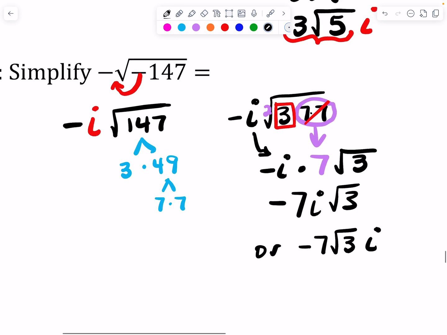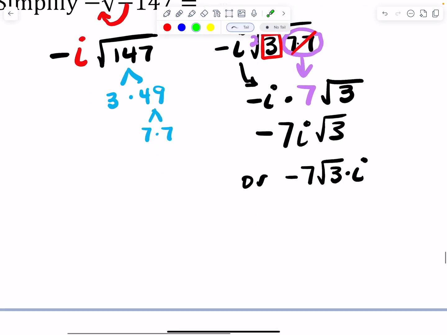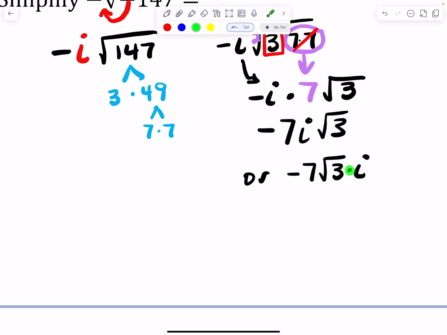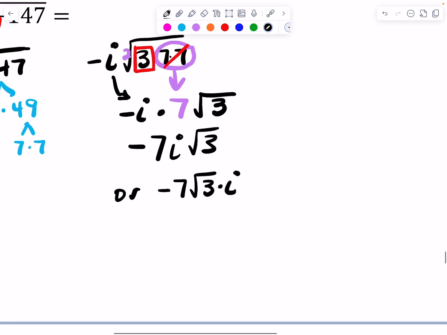Now, if you want, you can always put multiplication in between these two. So that way you know that you're multiplying here and that i is outside of the radical, but attached with multiplication. Now, if we looked at this as a plus bi, then a would be 0.